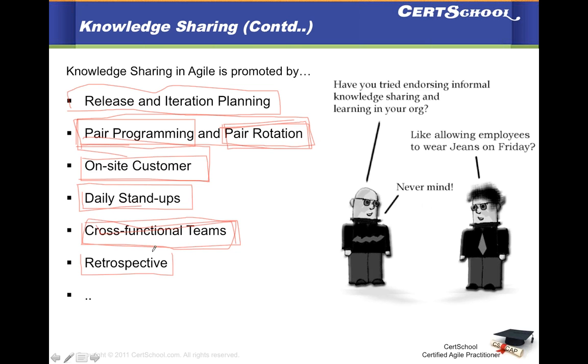Then we have retrospective, which is another one of the ceremonies that we talked about in Scrum. On a regular basis, the team comes together and finds out what they should start doing, what they should stop doing, and what they should continue doing. Another very good way of making sure that everyone is on the same page, and most importantly, learning from each other's mistakes.